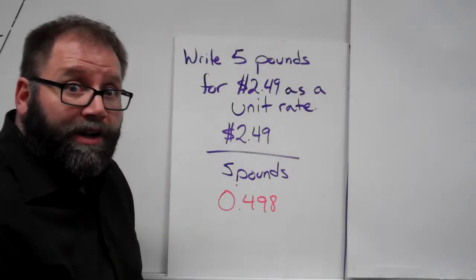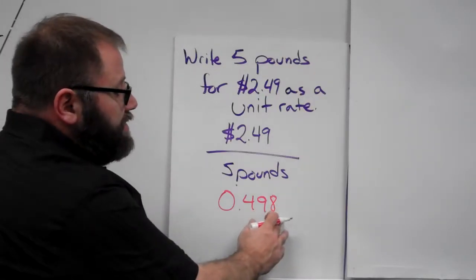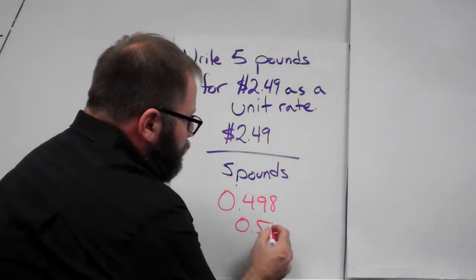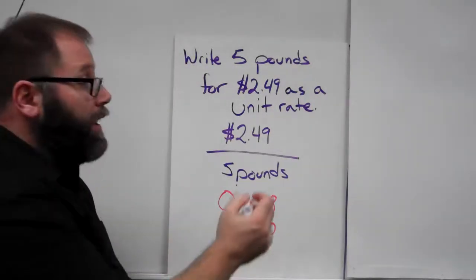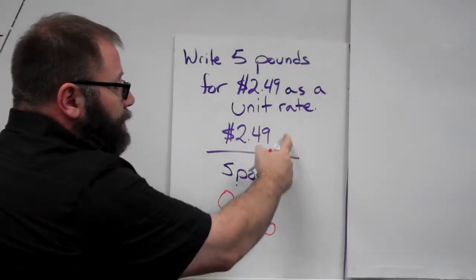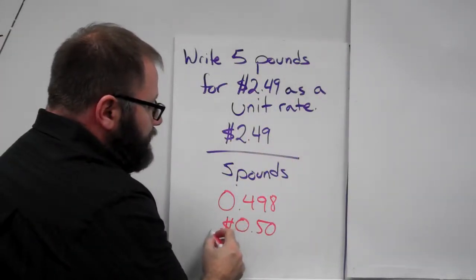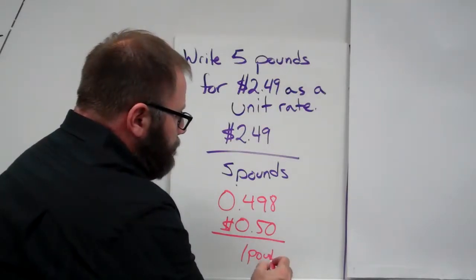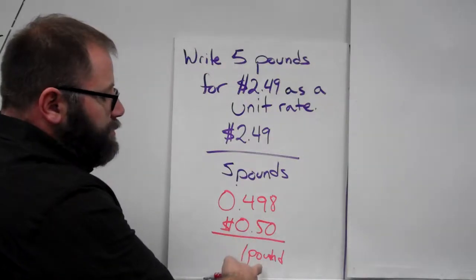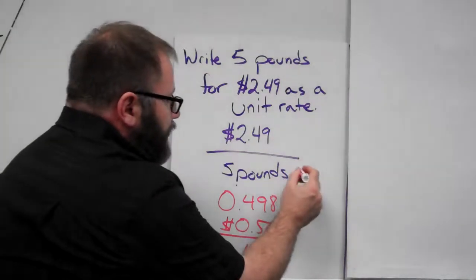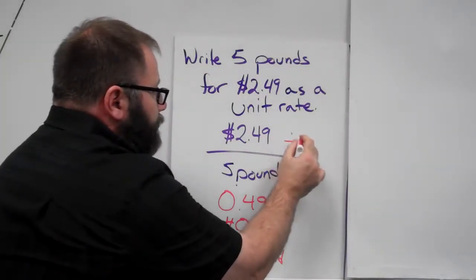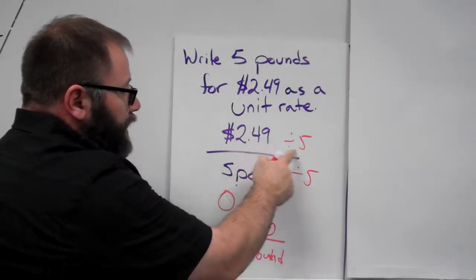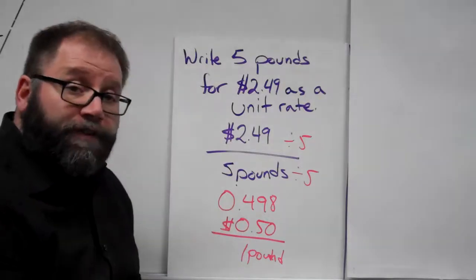I'm not carrying around any tenths of a penny, so this is a situation where you've got to round this so that we have 50. Then you have to apply our labels here. So now it's 50 cents for 1 pound, 50 cents per pound. We divide it here by 5. We divide it here by 5. 5 divided by 5 gives us 1. 249 divided by 5 gives us 50 cents.